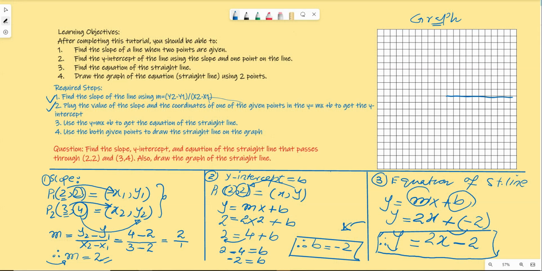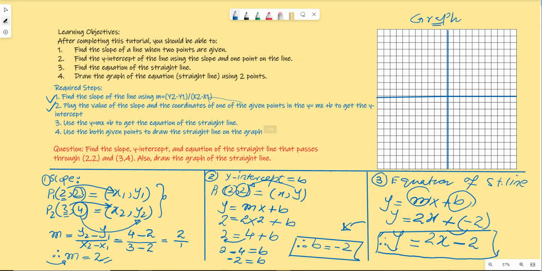First we will make our x-axis, and this one is our y-axis.